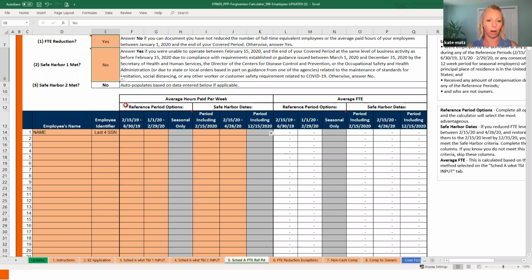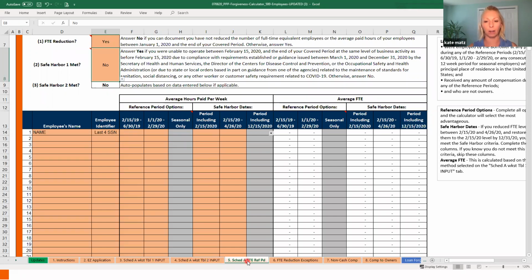And we're going to start out here with our reference periods. So the employees that we've already input don't automatically populate on tab 5 here because they're looking at different time periods. So the employees that we've input on tab 3 and tab 4, that's our employees that we had on the payroll during our covered period.